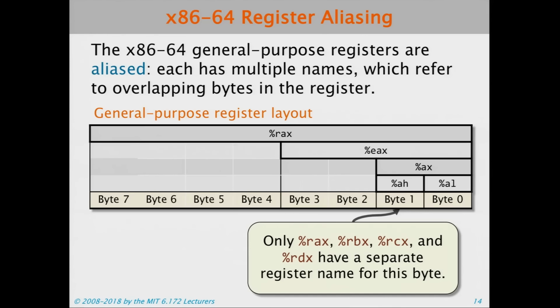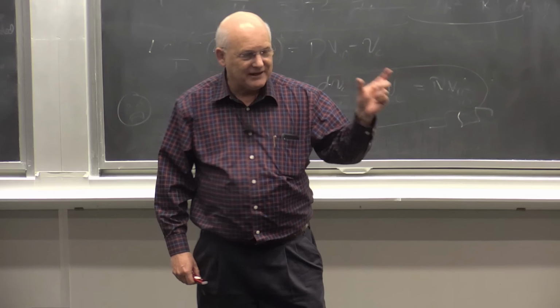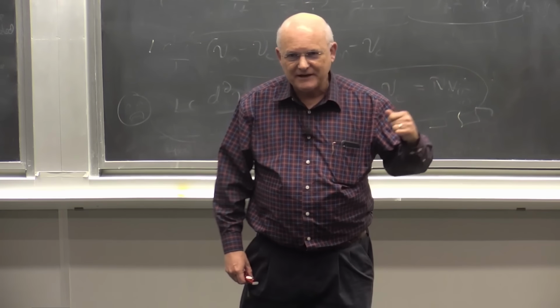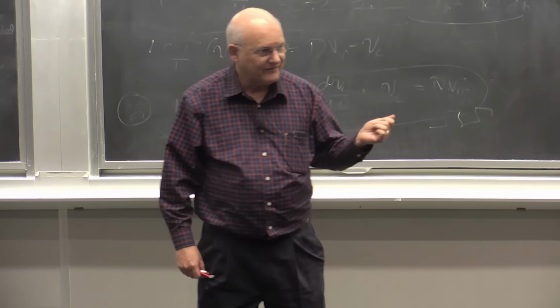Okay, now the x86-64 didn't start out as x86-64. It started out as x86, and it was used for machines, in particular the 8086, which had a 16-bit word. Okay, so really short. How many things can you index with a 16-bit word?